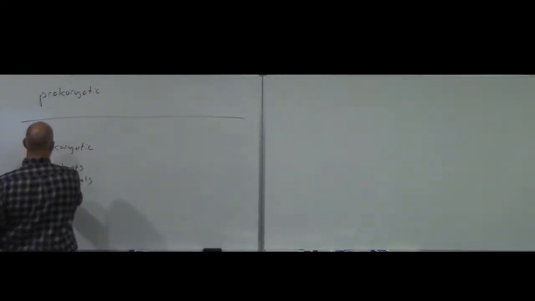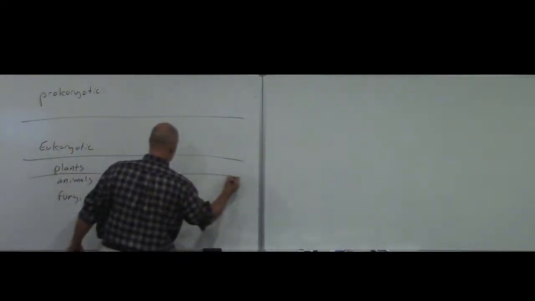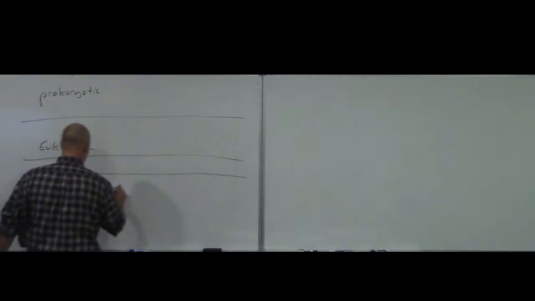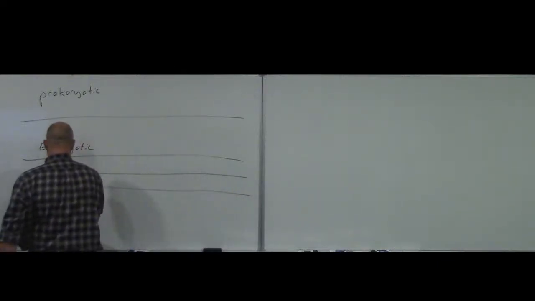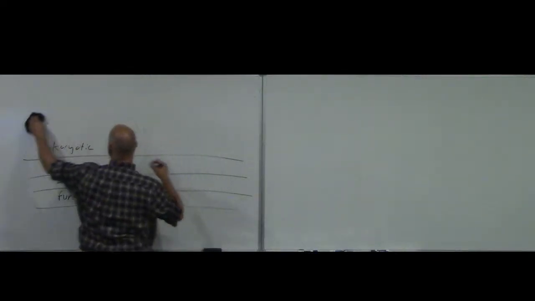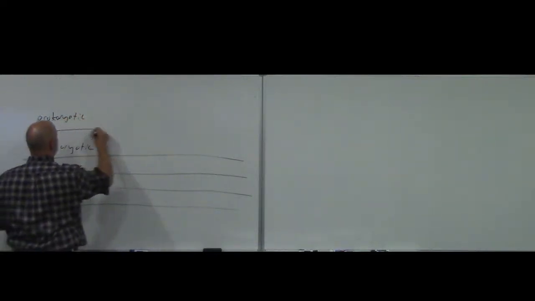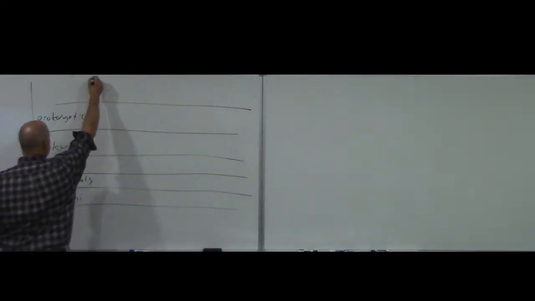Prokaryotic, eukaryotic, then under eukaryotic we're going to break it out to plants, animals, and fungi, okay? I'm just going to work this a little bit. First thing I want to know is, does it have a membrane?